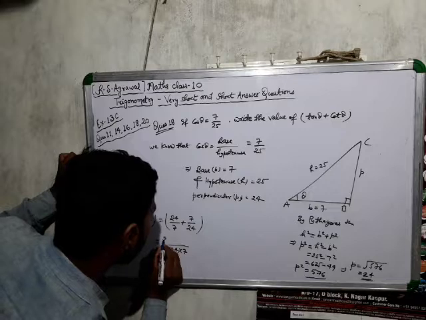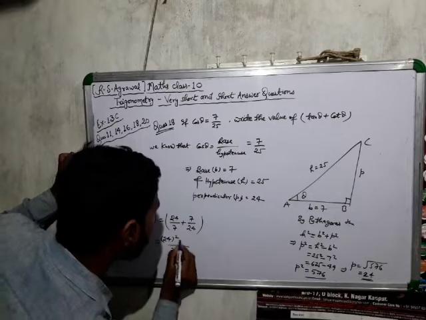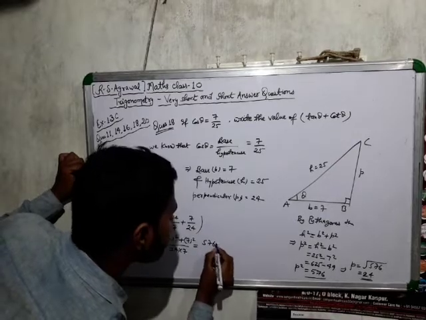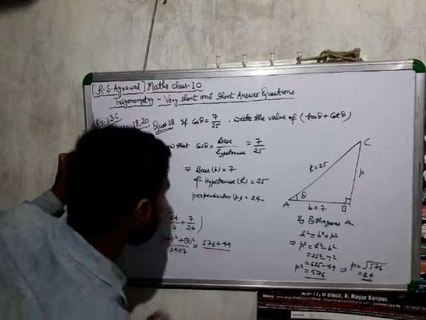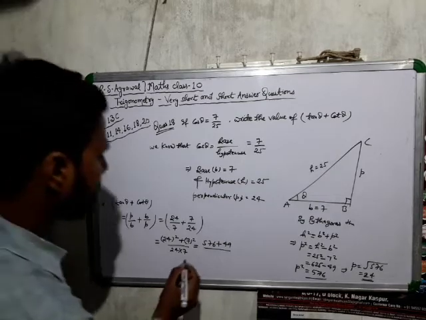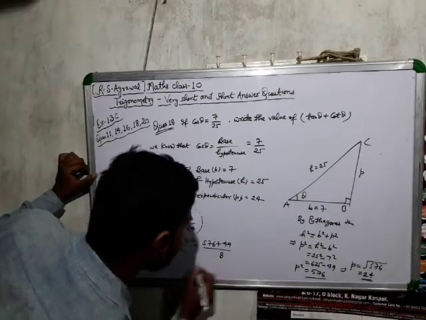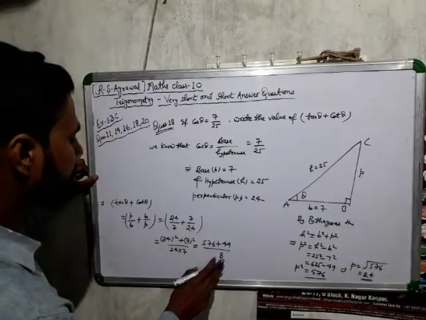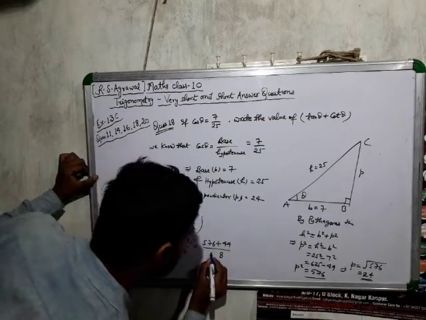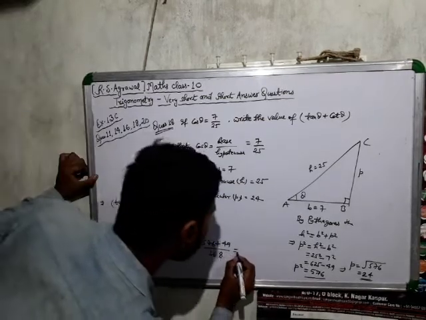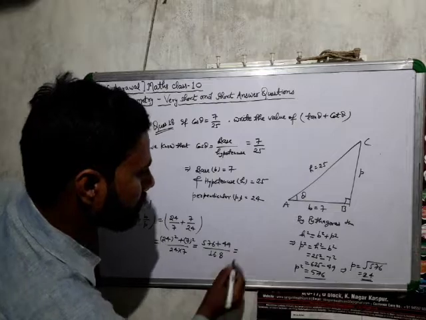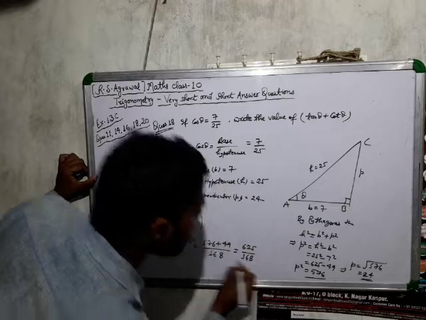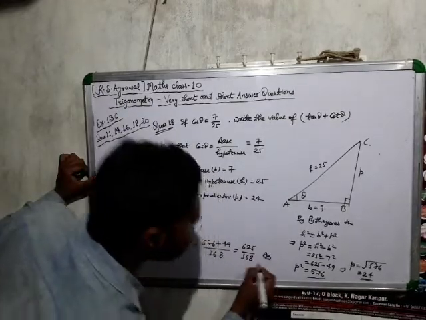This is 24 square plus 7 square, which is 576 plus 49, by 7 4 is 28, 2 8 2, 168. This is equal to 625 by 168. This is the answer.